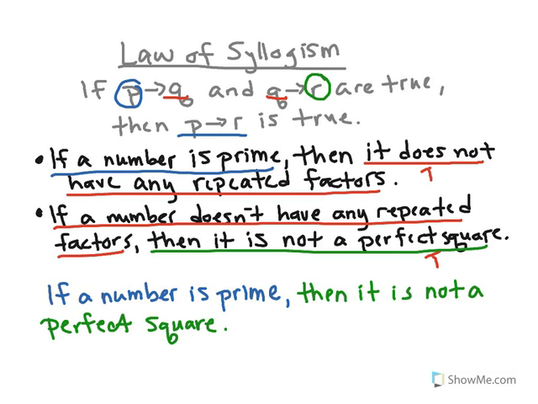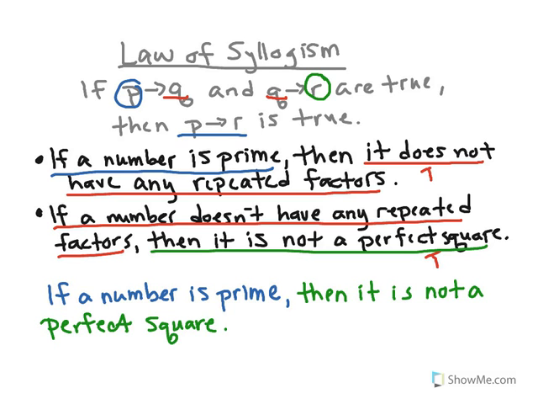So there we go. I can make a conclusion in this case by simply skipping the middle information, because it wasn't necessary. If I know a number is prime, which doesn't have any repeated factors, then I know it's not a perfect square because of this information.